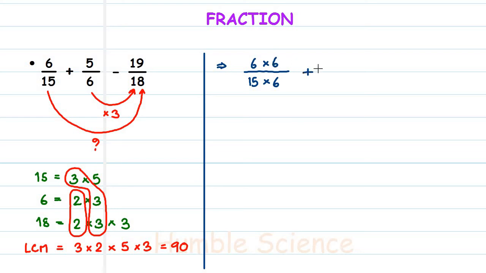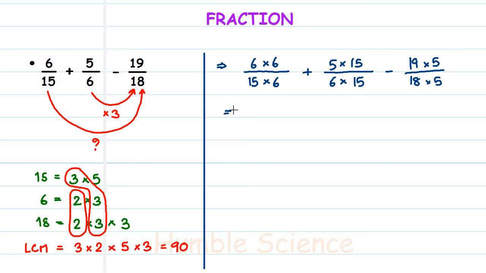Plus the second term, 6 has to multiply 15 in order to be converted to 90, so the top part has to multiply 15 as well. And then minus the third term, 18 has to multiply 5 in order to be converted to 90, so the top part has to multiply 5 as well.